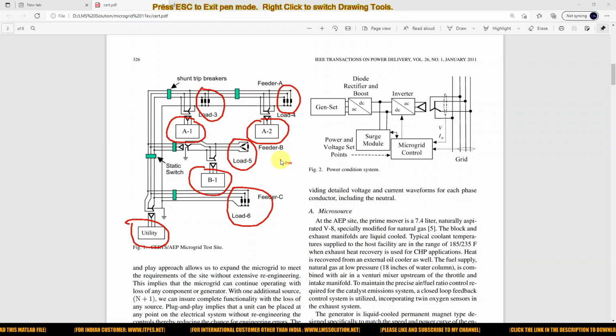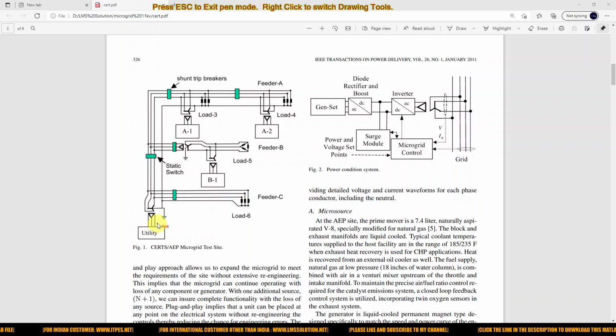Here the utility voltage is going to be considered 33 kilovolt, and then this feeder voltage is going to be considered as 11 kilovolt.